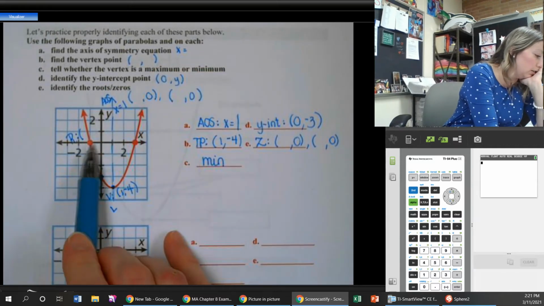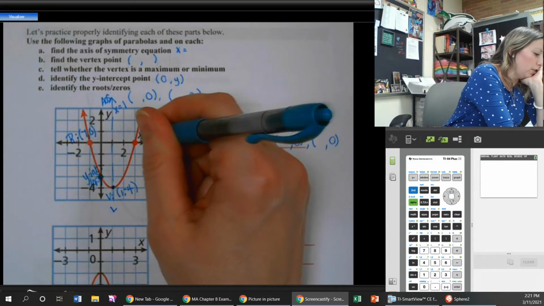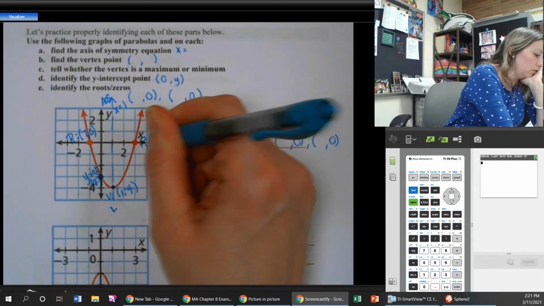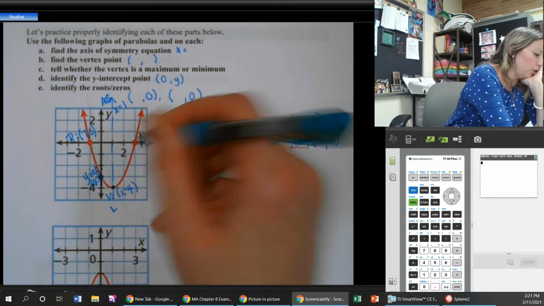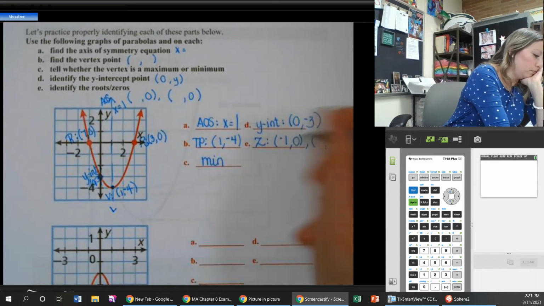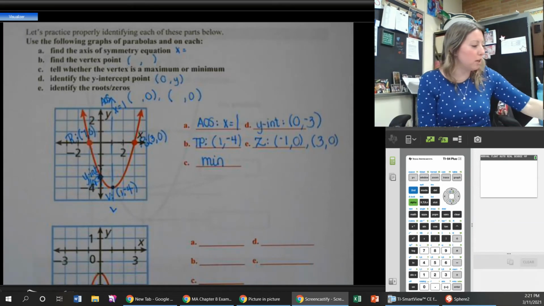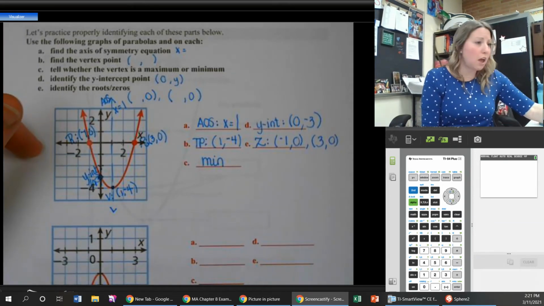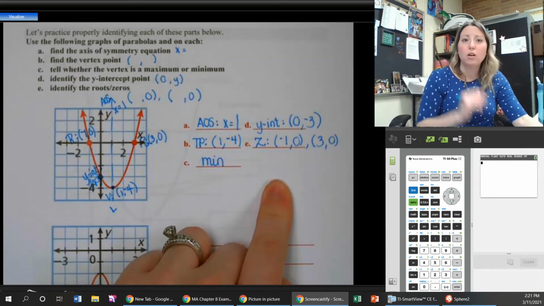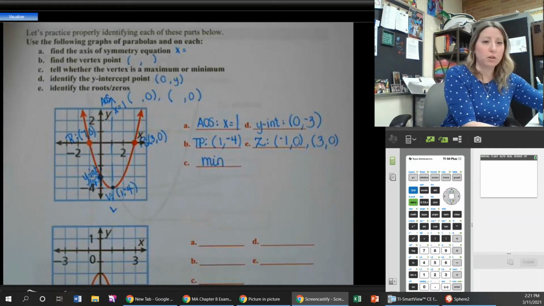But this is -1, 0. And this over here is 3, 0. There you have it. That's how we label the picture. And then that's how we state what each of those are. Okay? Do it again.